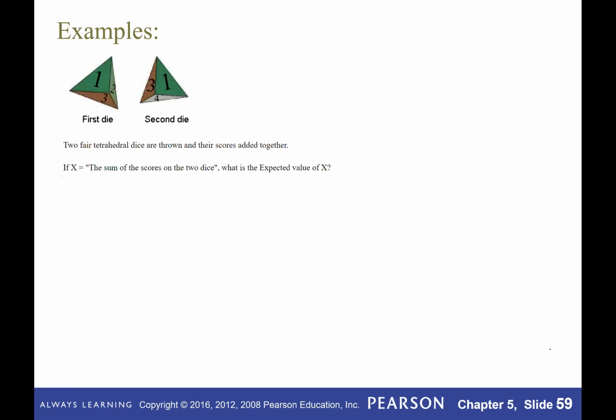So now we'll go over one more example, and this is the last example for today. We have a pair of tetrahedral dice, and we throw these two dice, and their scores are added together. And x is the sum of the scores on the two dice. What is the expected value of x? We already know the probability distribution for this x.